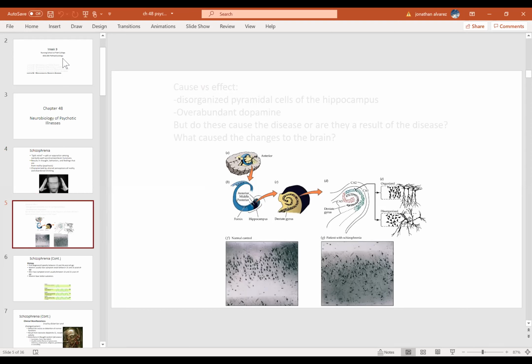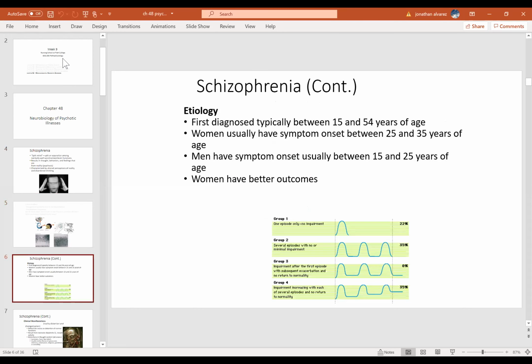Okay, other ideas are the overabundance of different chemicals or imbalances in chemicals in the body, such as dopamine. And it starts out fairly young, usually early to mid teens, can be some early onsets of diagnosis.